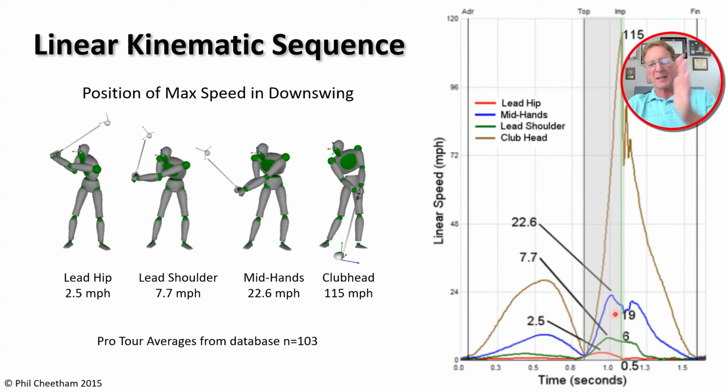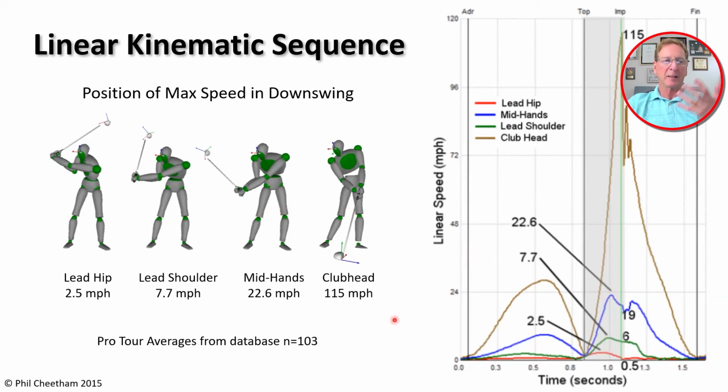So there is that sequential acceleration and deceleration, just like in the angular kinematic sequence, but you can see that there is an incredible speed gain from the mid-hands to the club itself. We go from 22.6 miles an hour up to 115 miles per hour. And we get the sequential motion. You can see the body posture in each one of these peak points, if you like.